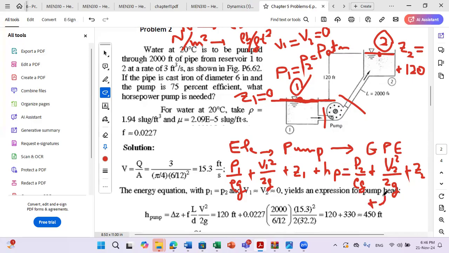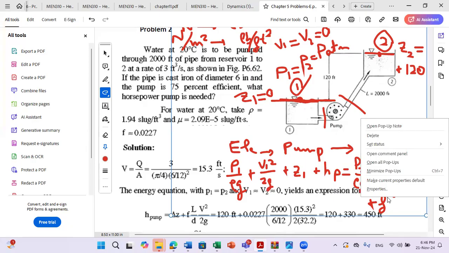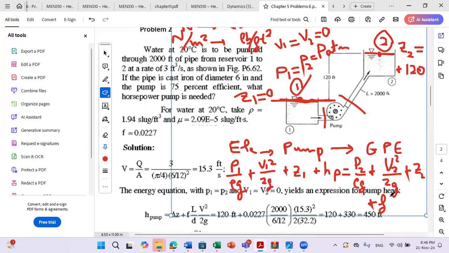If they don't talk about minor losses, they don't give the loss coefficient, the sum of K, you just consider that minor losses are negligible compared to major ones. So you have FL over D times V square.